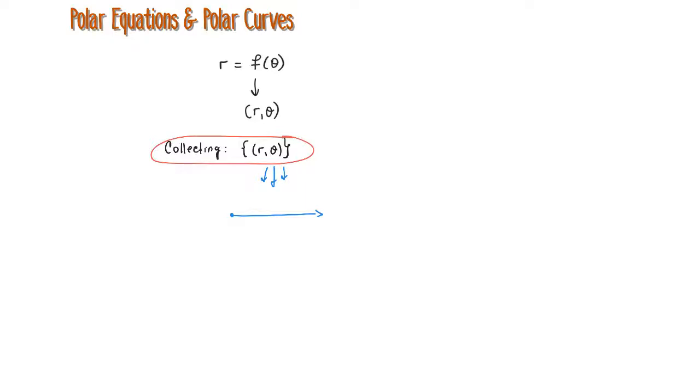So the point of this second video now is to figure out, how do we sketch a polar equation? We plot points and we try to get a curve. Do we get a curve? What kind of curves can we get from a polar equation?